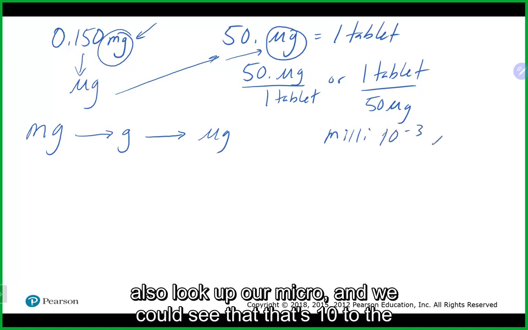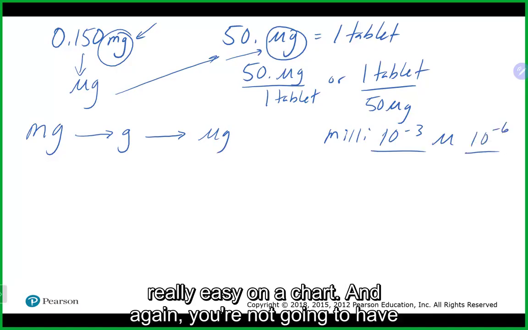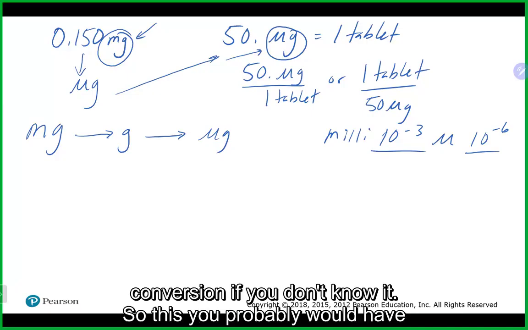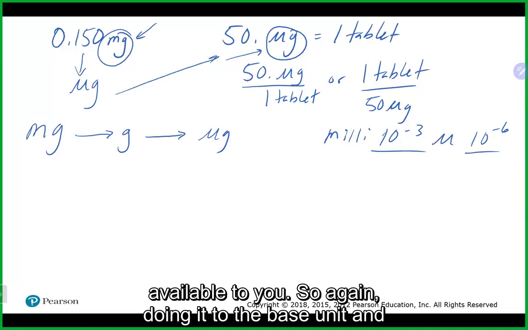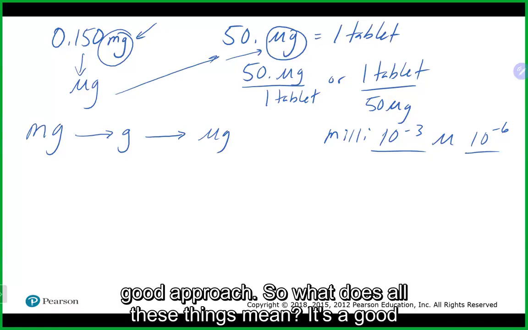And we could also look up our micro and we could see that that's 10 to the minus 6. So these conversions we could find really easy on a chart. And again, you're not going to have Google available to you to figure out the direct conversion if you don't know it. So this you probably would have available to you. So again, doing it to the base unit and taking it from the base unit to the next one is probably a really good approach.